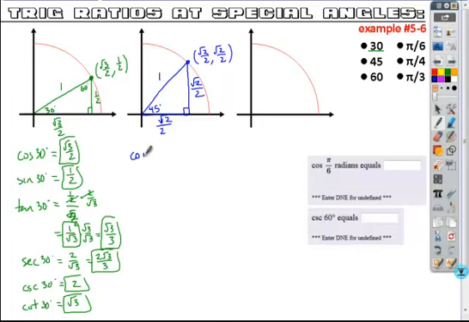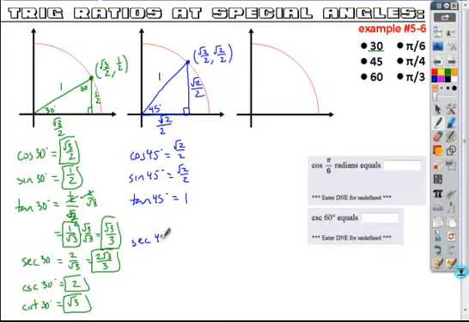Once again, we can identify the common trig ratios of 45 degrees. The cosine is root 2 over 2, the x coordinate. The sine is root 2 over 2, the y coordinate. The tangent is a number over itself, which is 1.